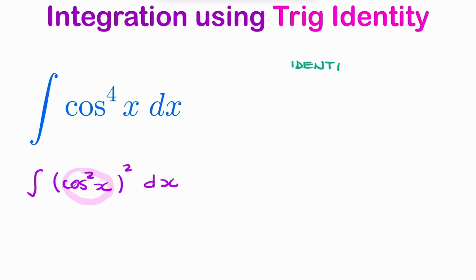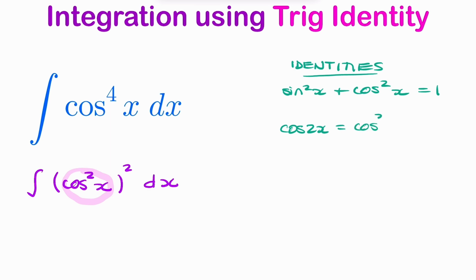So you're expected to know that sine squared x plus cosine squared x equals 1. And you're expected to know the double angle formula, cosine 2x equals cosine squared x minus sine squared x.